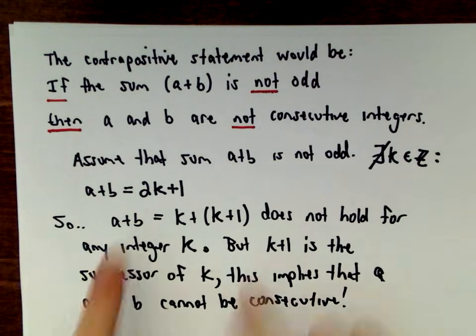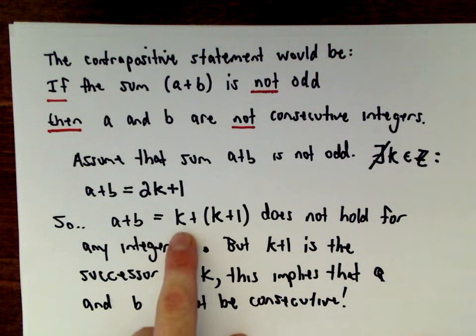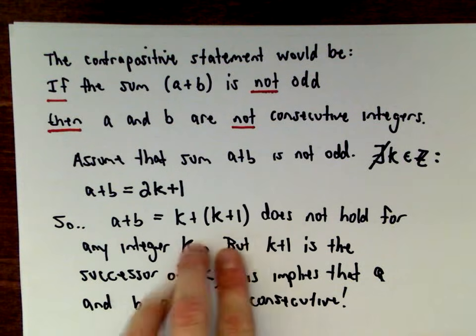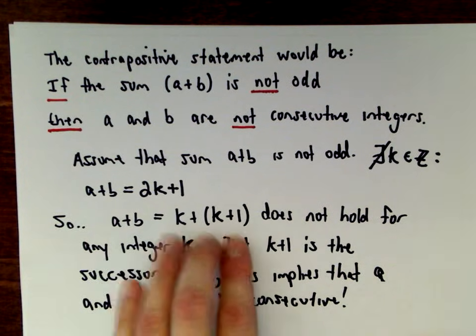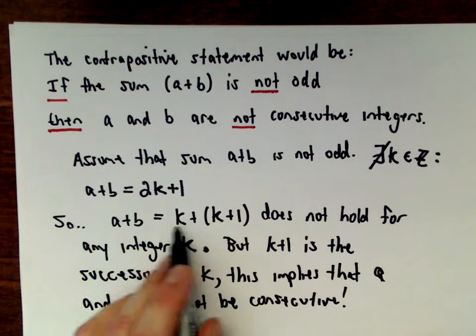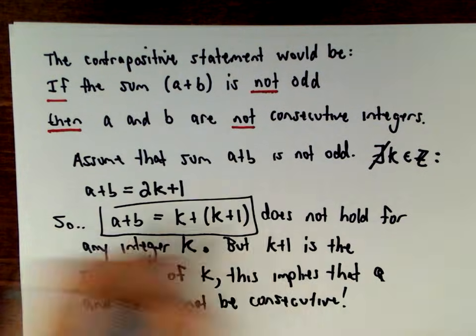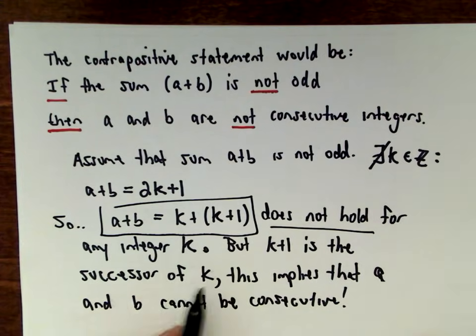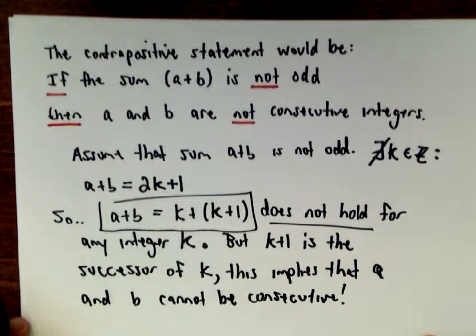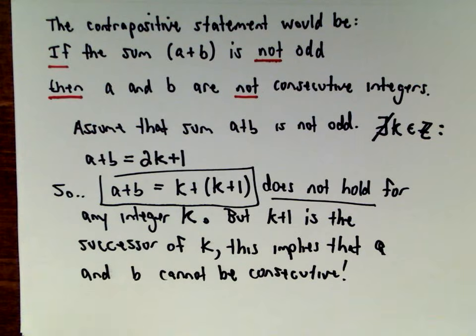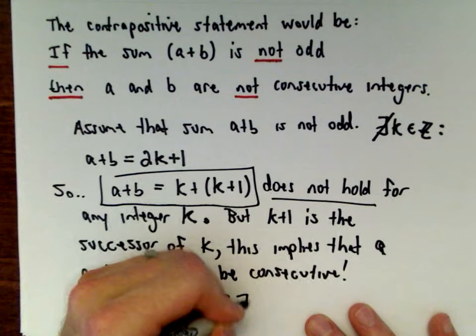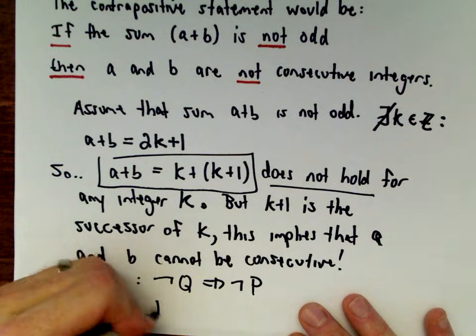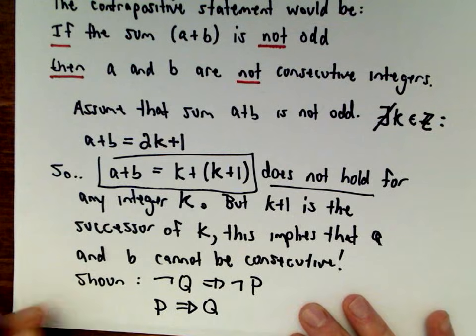Right? Since we can't write a plus b as some integer k plus 1, if we could do this, that would mean that those numbers are consecutive. But since this statement does not hold for any integer k, we've now shown that a and b are not consecutive integers. So we've now proved the contrapositive statement, which means we've shown not Q implies not P, and therefore we've also shown P implies Q, our original statement.